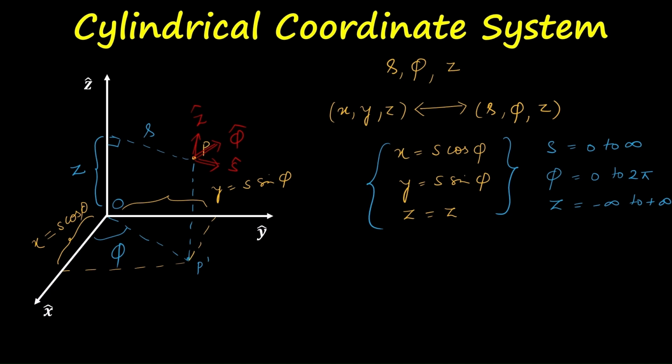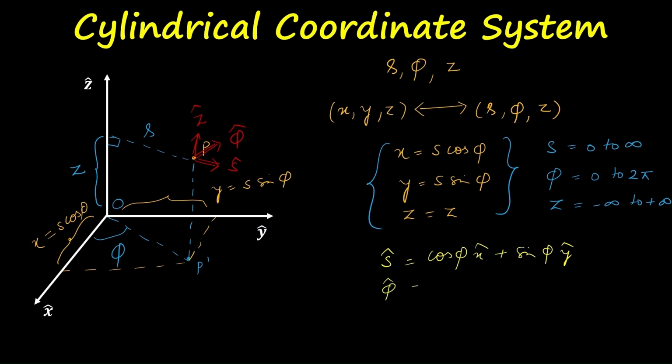Now, we also have a relation of the unit vectors of the cylindrical coordinate system in terms of the Cartesian coordinate system. You can see the derivation in standard books, and for now I'm just writing the relation here. s cap is equal to cos phi x cap plus sin phi y cap.